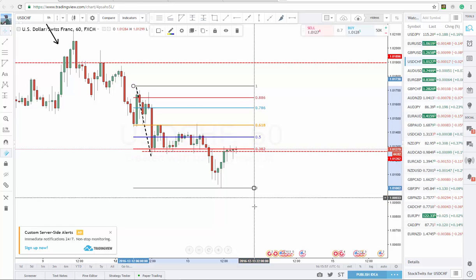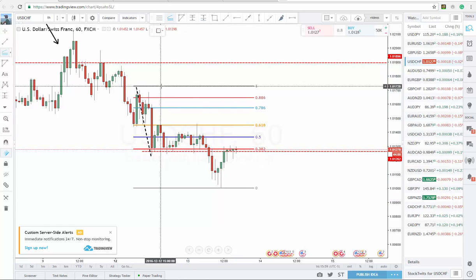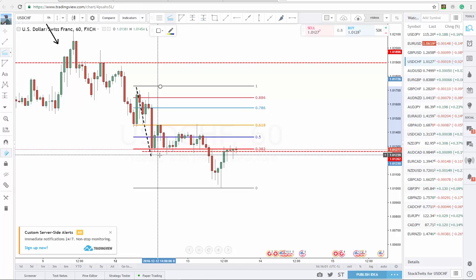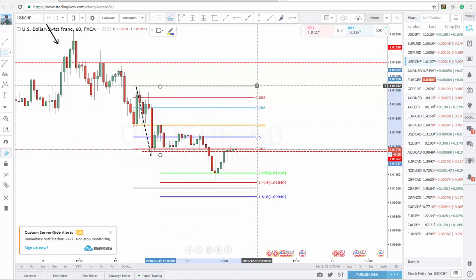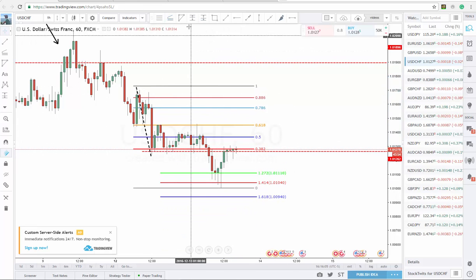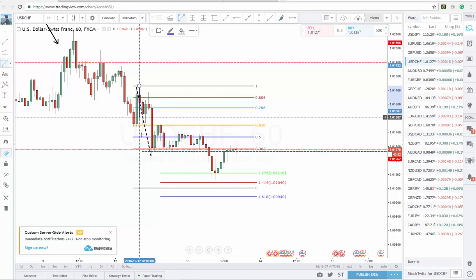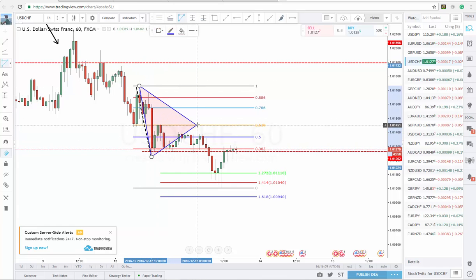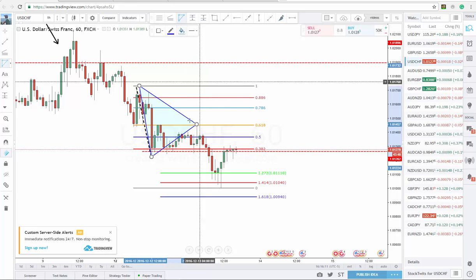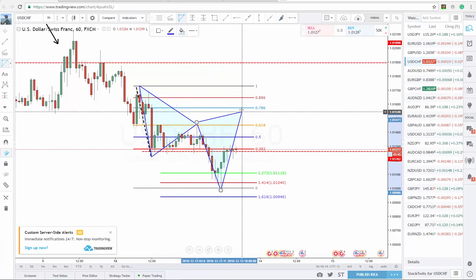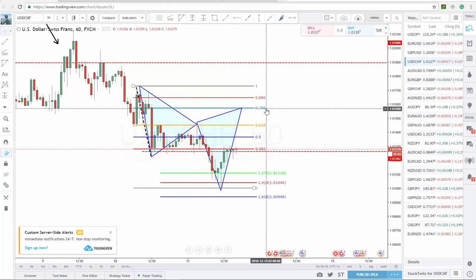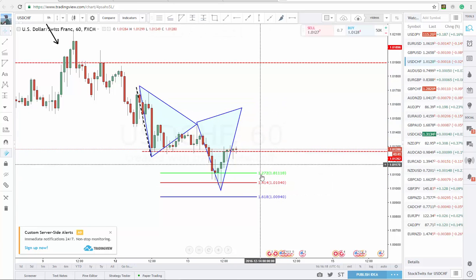Now we just need our 127 extension to come in. From X to A again, back up, 127 extension, and now we can draw in our Cypher pattern. That, as you can see, ends right here at this 786 retracement.